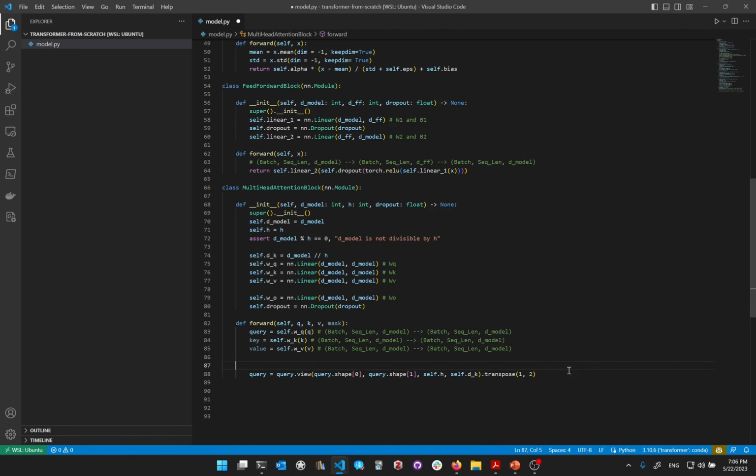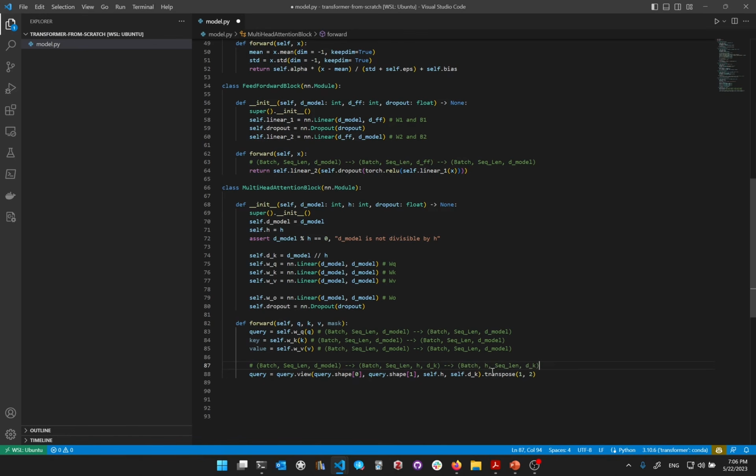Let me also write the comment here. So we are going from batch, sequence length, D model to batch, sequence length, h, dk, and then by using the transposition we are going to batch, h, sequence length and dk.